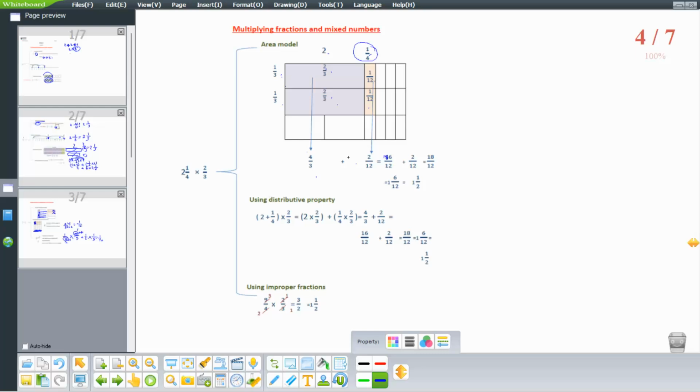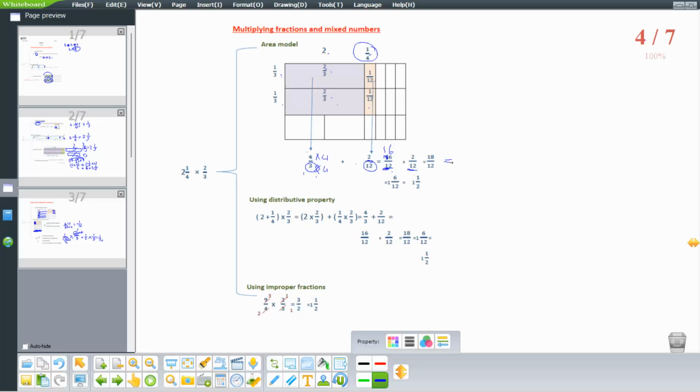No, sorry. Here we have different denominators, so 12 is a multiple of 3, so we can keep it as the denominator. So it will be 12. Here, for 3 to become 12 we multiply by 4, so 4 times 4 equals 16, and 16 over 12, and 2 over 12 as it is. 16 plus 2 equals 18 over 12.